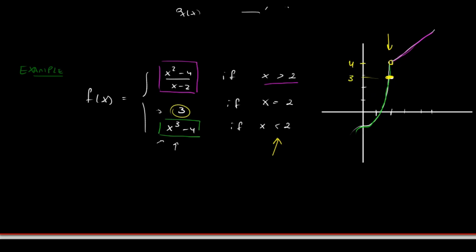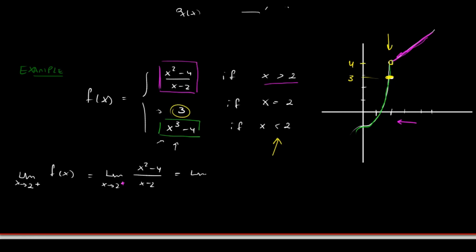So we have to start by calculating the lateral limits. Let's start with the limit when x tends to 2 from the right of f of x. That is, the limit when x tends to 2 from the right means x is greater than 2, so it's in this direction. It's looking at the pink function here. The function is x squared minus 4 divided by x minus 2.